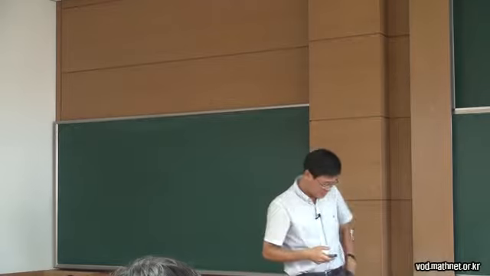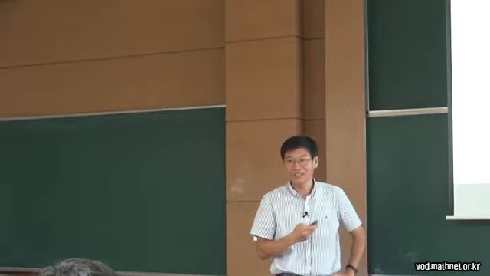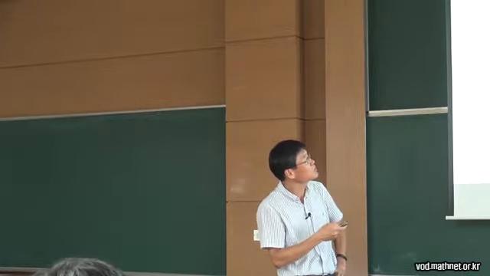So today I'm going to spend a little more time on the construction, because maybe it's not easy to explain in a short time. But if you have any question, you can ask me anytime. So today, I'm going to explain the construction of a bipartite graph whose squares are not chromatic-choosable.